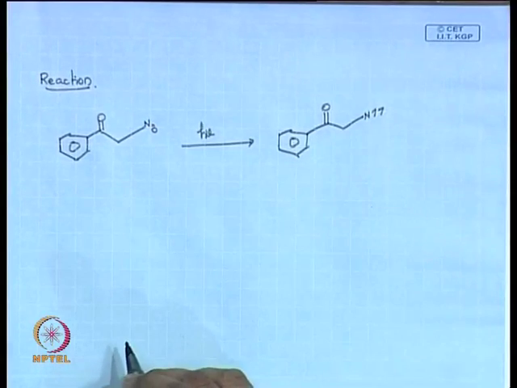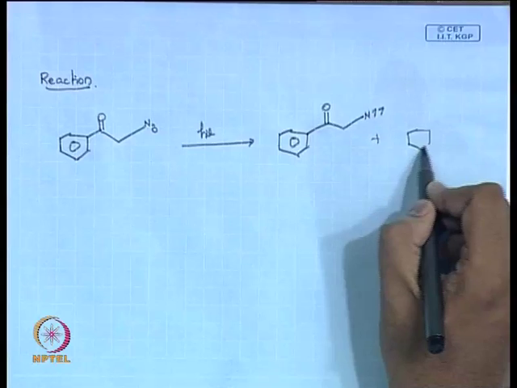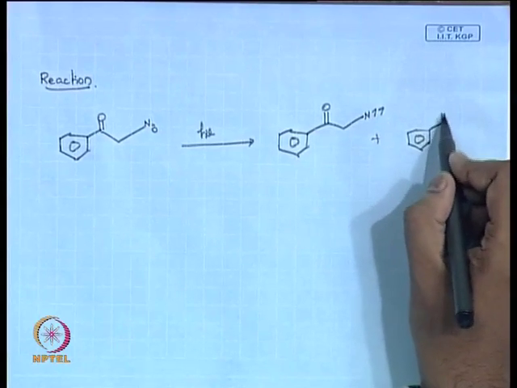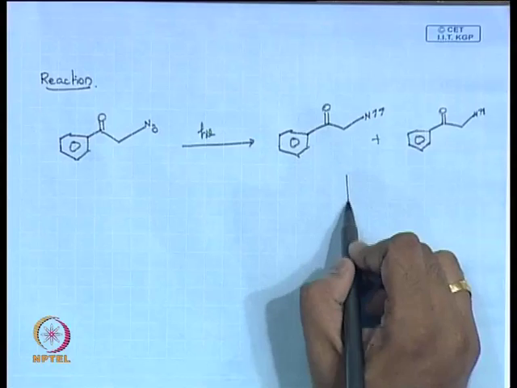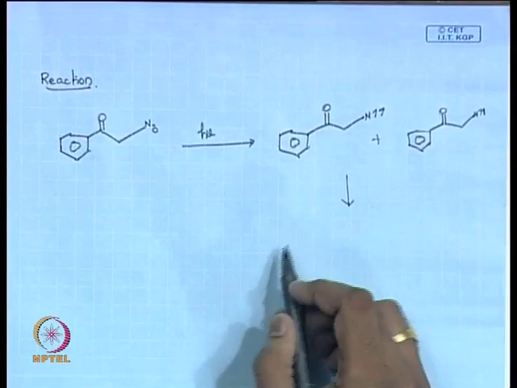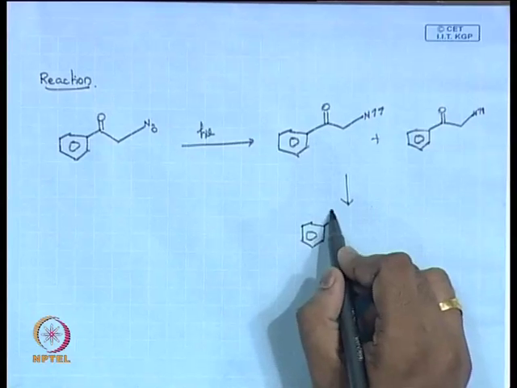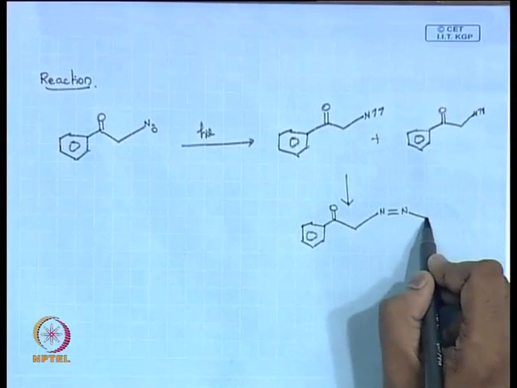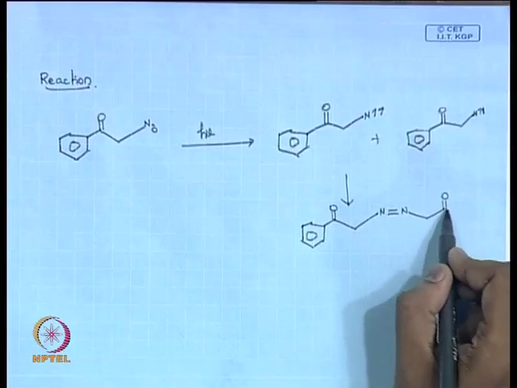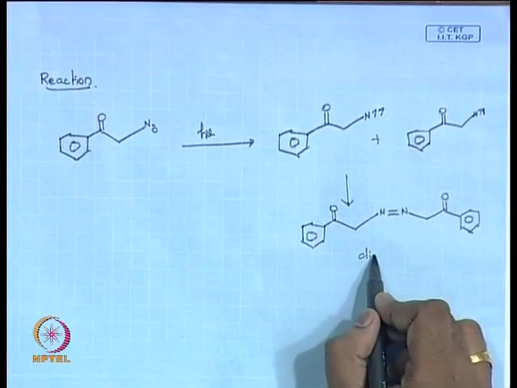This triplet nitrene reacts with another molecule of triplet nitrene to give me a dimer. This type of dimer you can get.